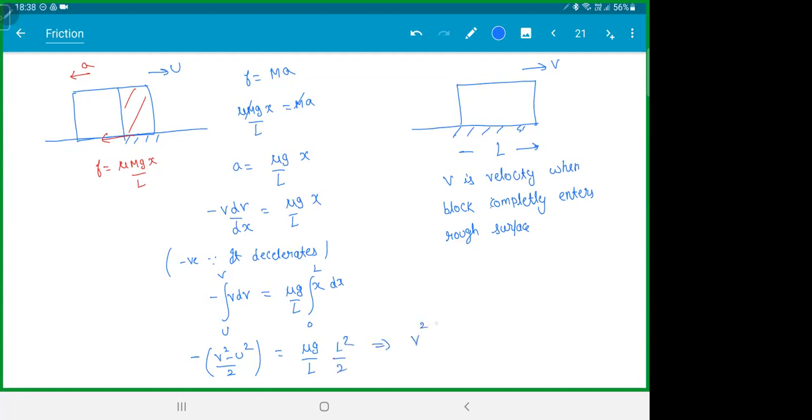From here I get v square is equal to u square minus mu g L, as the 2 will cancel. This is the velocity when you have just entered the rough surface. Have a look at this page. Question is still not over. This is the velocity when the block enters.